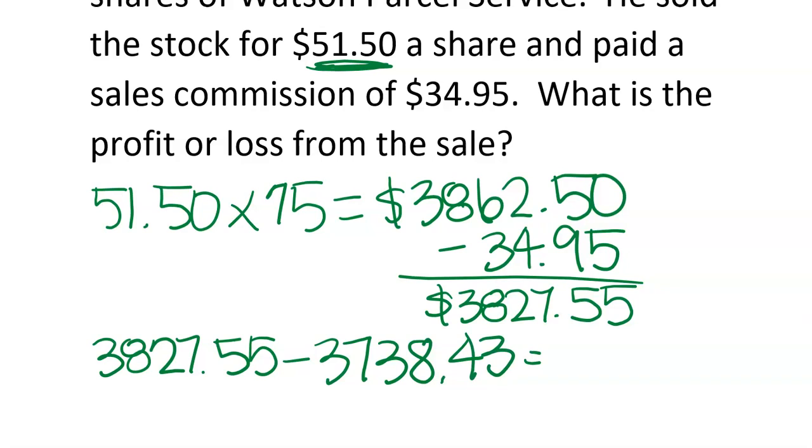Now, 3,700 versus 3,800, obviously 3,800 is bigger. So this person actually made money. You can just do it like that, where you just compare the numbers and go, the selling price is more than what you bought it for, they must have made money. That is fine. You don't have to do it any certain way if you're just comparing the numbers. I'm subtracting them. So this person made $89.12.